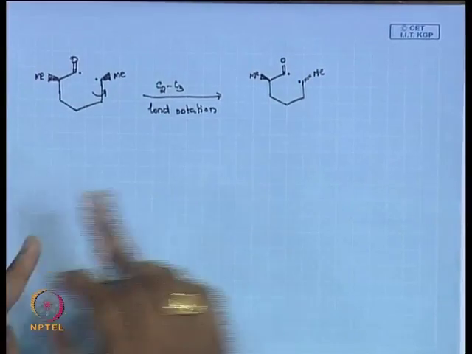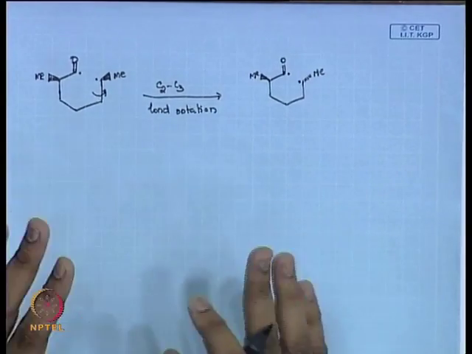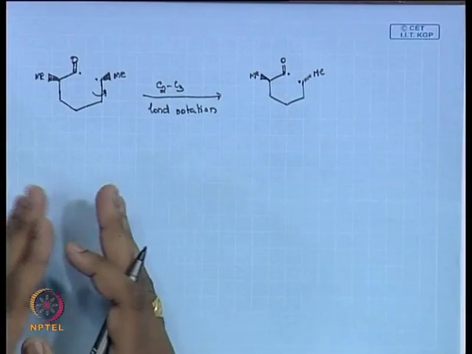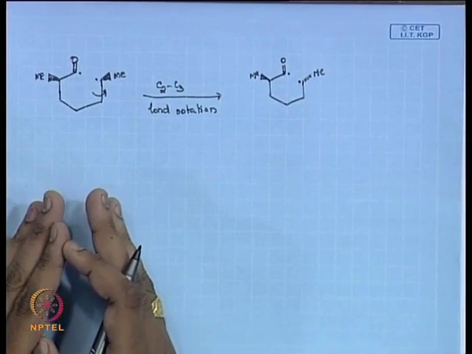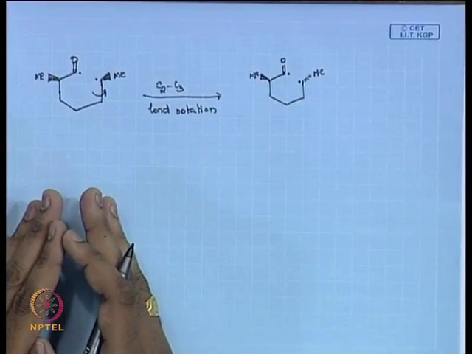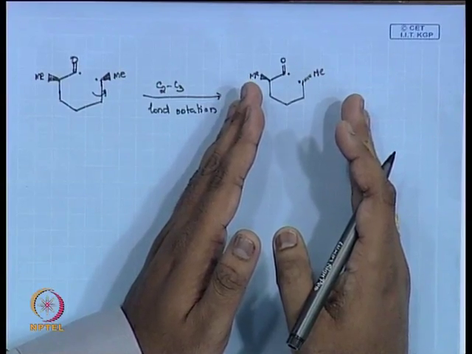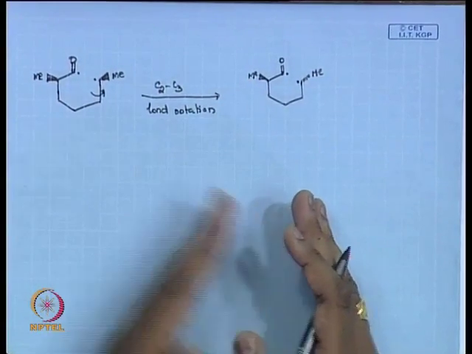Now, what happens? Both are the same type of radicals, right. So, if this undergoes decarbonylation to give me 1,5 radical, then this also should undergo the same decarbonylation to give me 1,5. If this is going to do my intramolecular hydrogen abstraction, then I have to do it for this also. So, you see that. Now, once I put 2 methyls, the formation of product will be more.